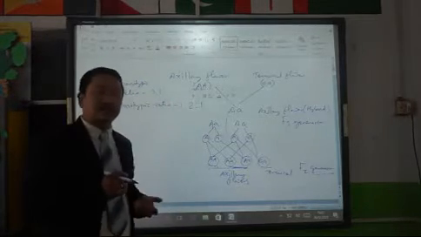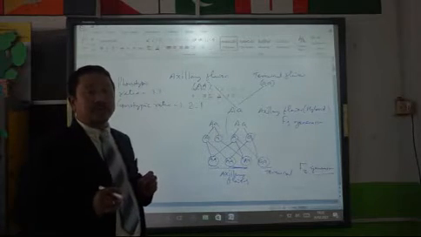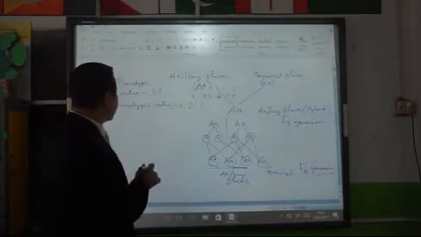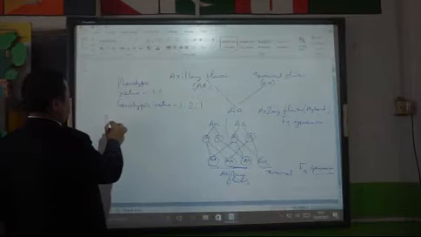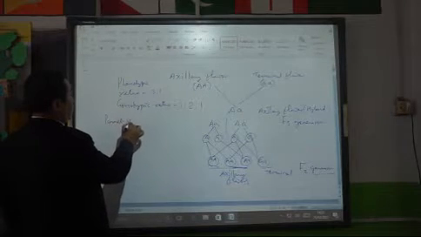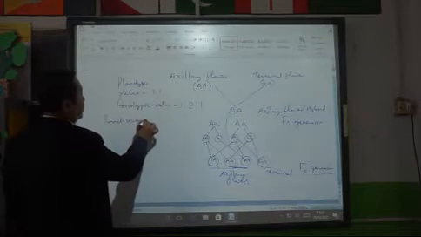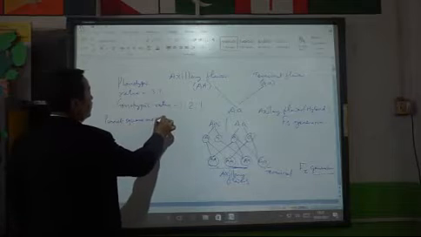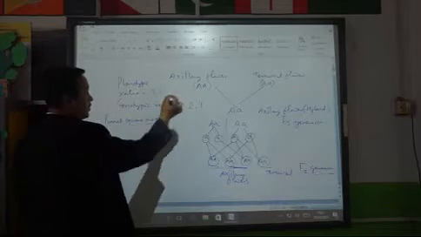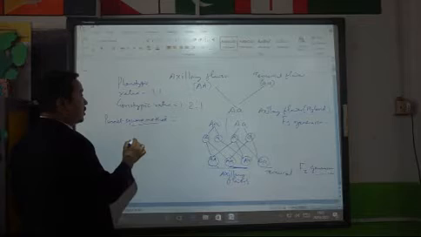The same can be explained with the help of another method also. It's called the Punnett square method. The Punnett square method can also apply here. So here the same thing I am going to apply.